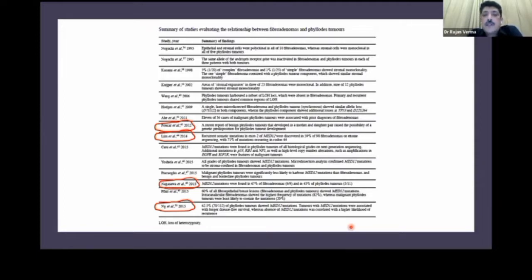And Lim et al. in 2014 discovered for the first time a mutation of the MED12 gene, which is present in 59% of fibroadenomas, which was again concluded and reciprocated by Nagasawa and Ng et al., that 67% of fibroadenomas and 45% of phylloid tumors do have these mutations. But the interesting fact, which was brought out by Ng et al. in 2015, was that tumors with MED12 mutations were associated with a longer disease-free survival, whereas absence of MED12 mutations was associated with a higher likelihood of recurrence. This is a very important point.